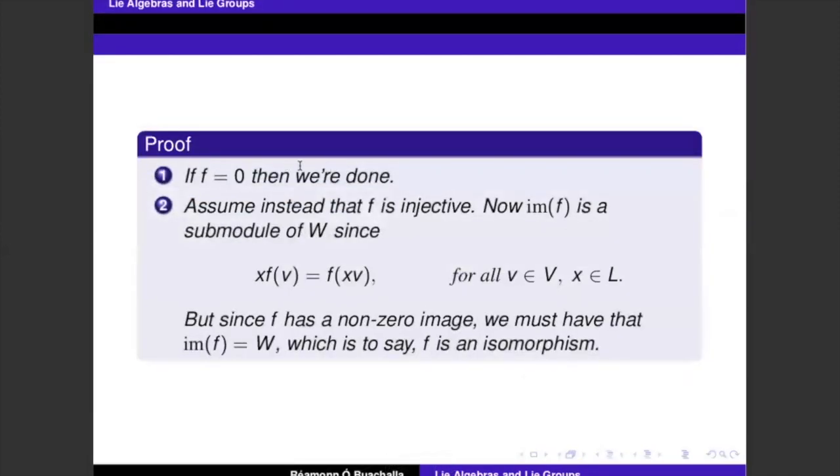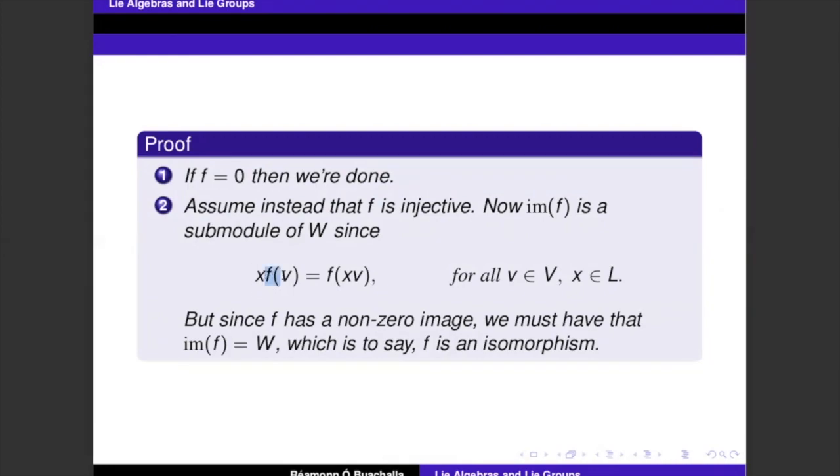So if f is equal to 0, then we're done. That's what we've just said. So let's assume we're in option 2, which is to say we've got injectivity. Now we want to play the same game with the image. Before we showed that the kernel was a submodule, now we want to show that the image is a submodule. But this is clear.